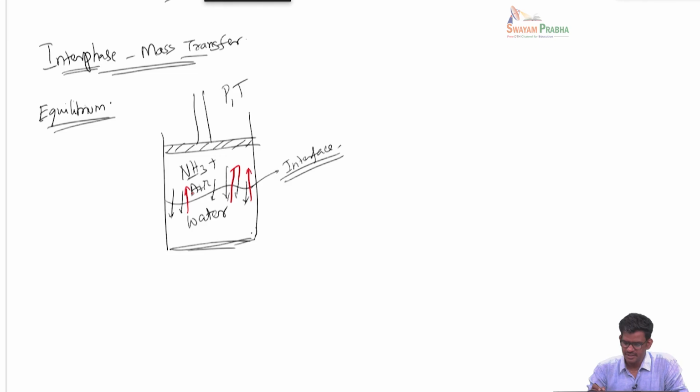However, macroscopically, if you measure the composition in the two phases at equilibrium, they will reach a constant value. Okay, even though I say they reach a constant value, they will not be equal. So I'm making a lot of statements here. At equilibrium, what are the things we can say?